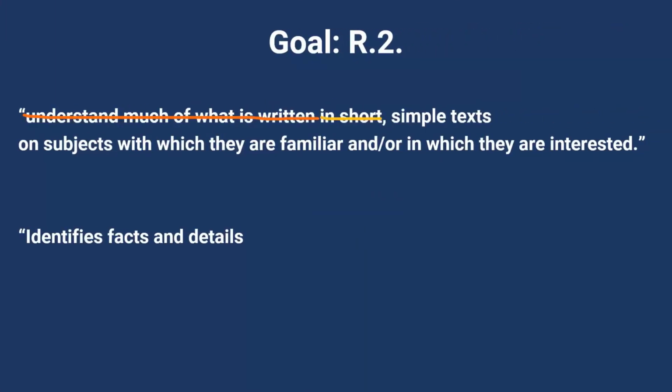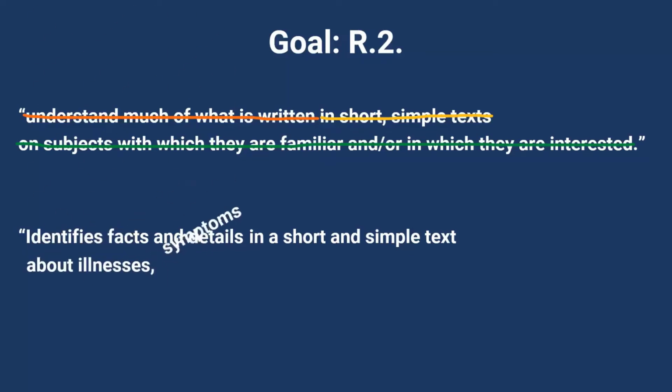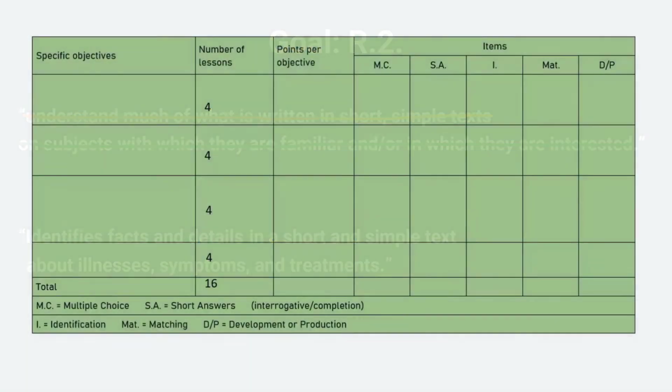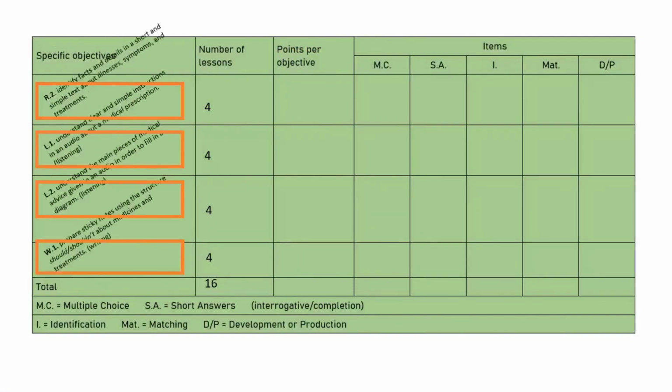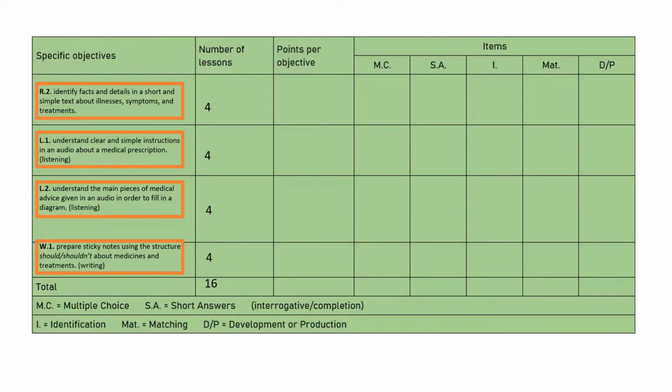Then, in short, simple texts could become in a short and simple text. Finally, on subjects with which they are familiar and/or in which they are interested could turn into about illnesses, symptoms, and treatments. Now we can include the objectives worded as indicators of learning in the TOS.